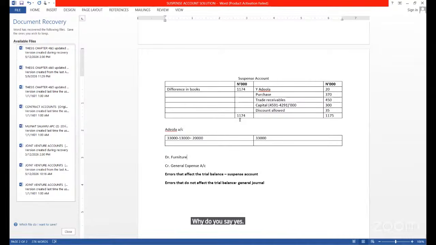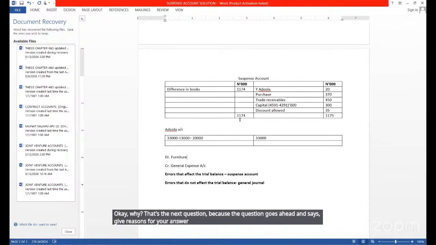So everybody is saying no. Okay, why? That's the next question, because the question goes ahead and says, give reasons for your answer.